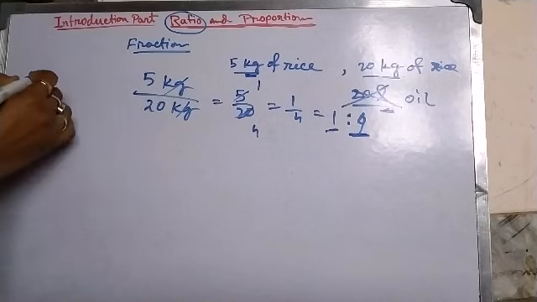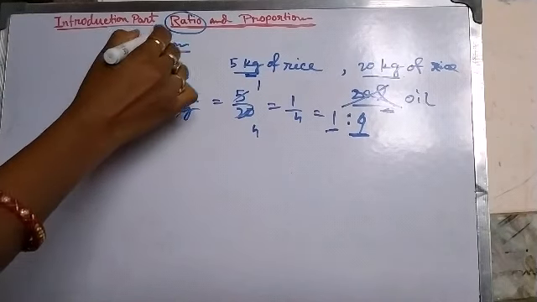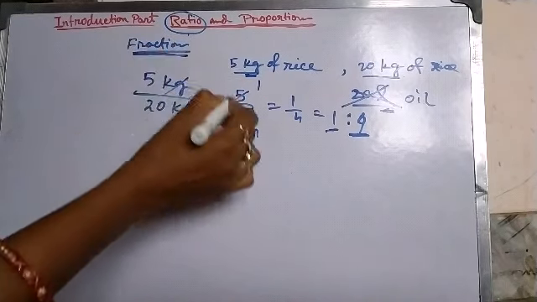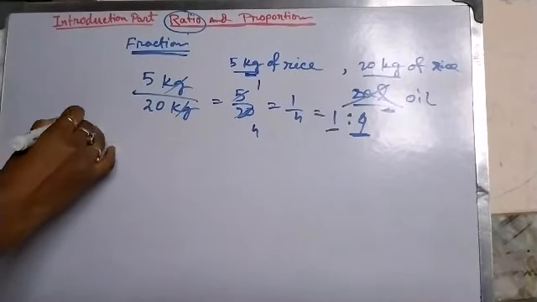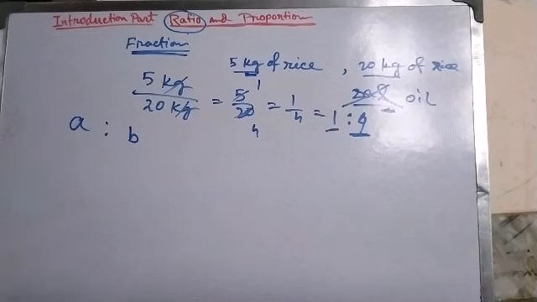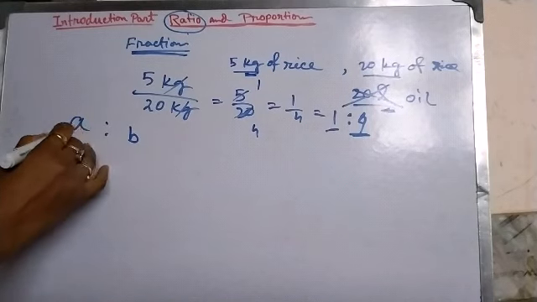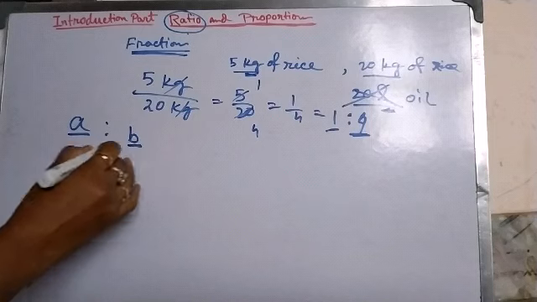I'll discuss how ratio and fractions are related. Suppose A is to B. A is the first term, B is the second term.